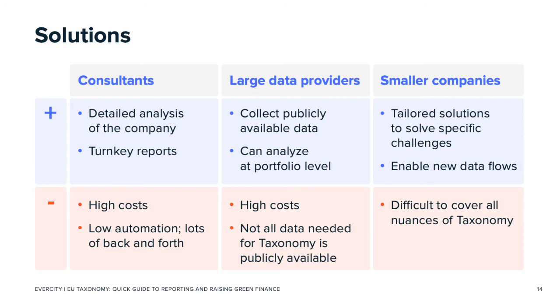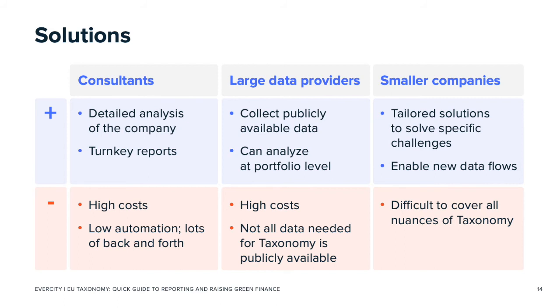They will prepare detailed analysis of the company, turnkey reports, but there are also problems. So first, very high costs. And second, a lot of back and forth. So there is very low automation. Everything is done kind of manually through Excels and spreadsheets and email. So yeah, you will get a good result in the end, but the process will be quite long and quite expensive.